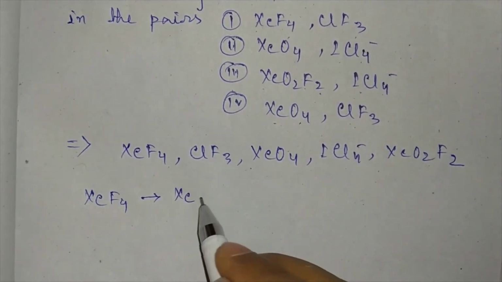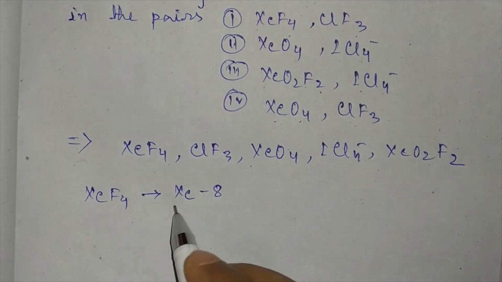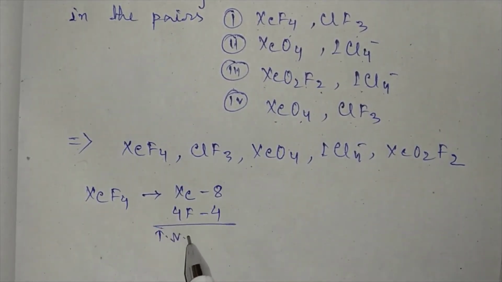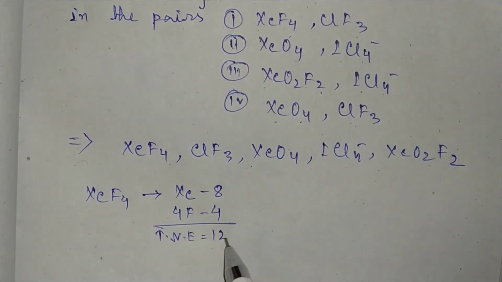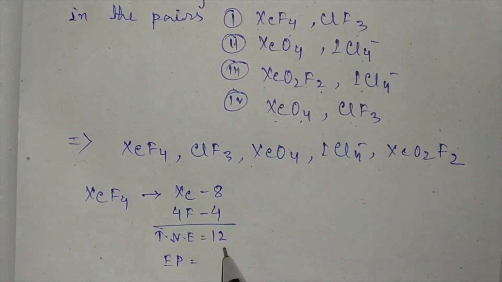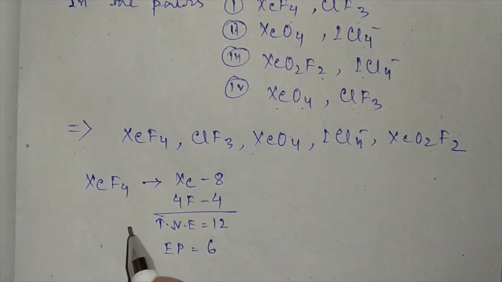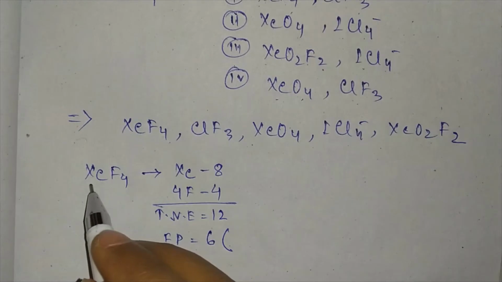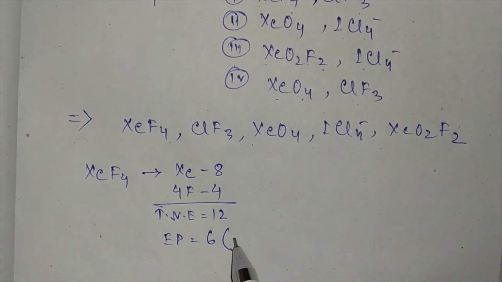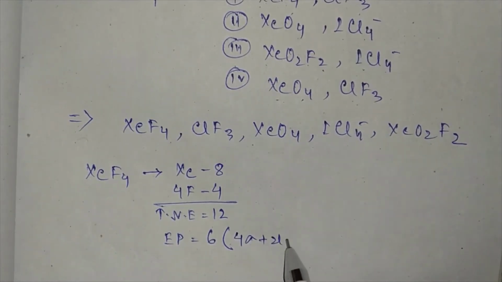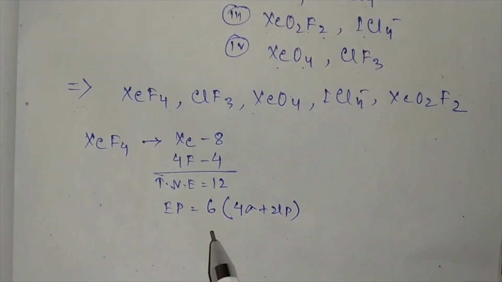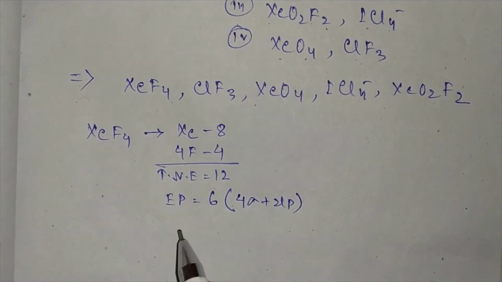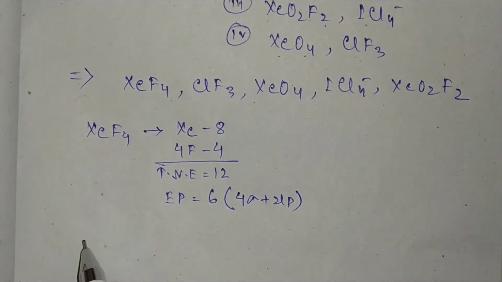Xe has 8 valence electrons, 4 fluorines give 4 electrons, so total number of electrons equal to 12. So electron pairs equal to 6. Here 4 fluorine atoms are bonded to Xe with 4 sigma bonds. So 4 sigma plus 2 lone pairs. As 6 electron pairs are there, the hybridization will be sp3d2, that is the geometry will be octahedral.